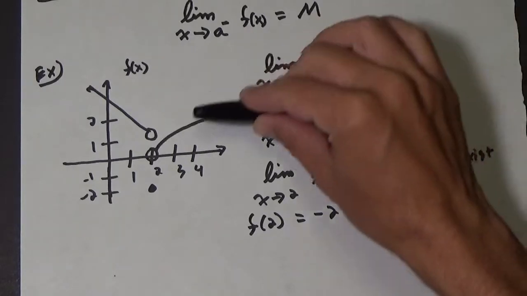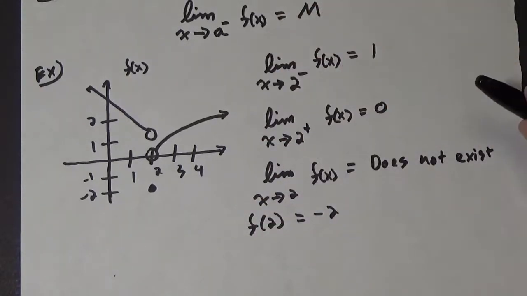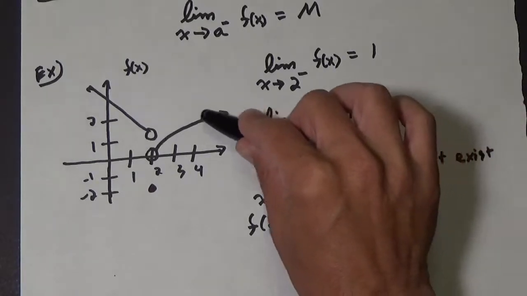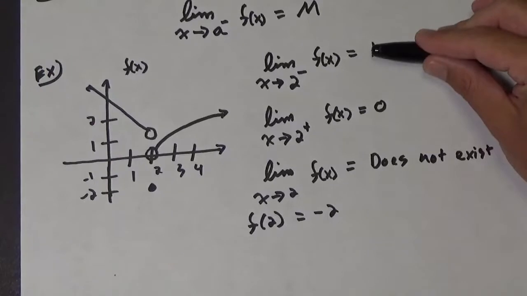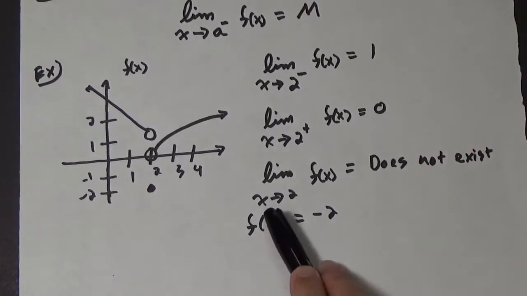Now, this is a good situation to look at our next theorem. Sometimes you're asked, does the limit exist, yes or no? A good way to look at it is: do we have a right-sided limit? Do we have a left-sided limit? And are these limits equal?